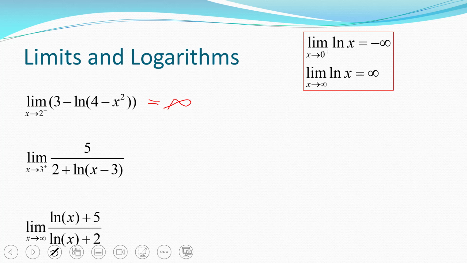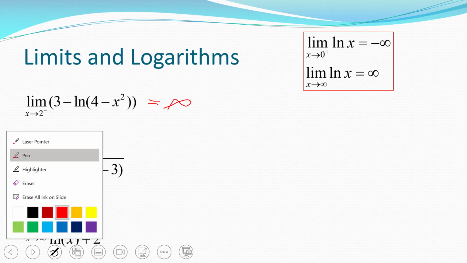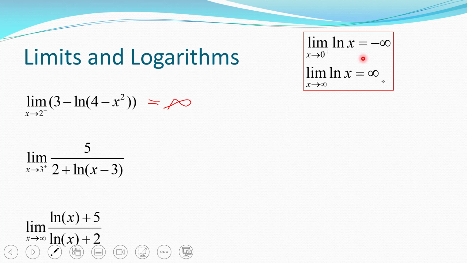Okay, the next one. Now, once again, I'm going to need these facts in order to get the answer. So I want to know what's the limit as x approaches 3 from the right. Well, if x approaches 3 from the right, then this here approaches 0 from the right, because it's always more than 0. So then this approaches negative infinity.